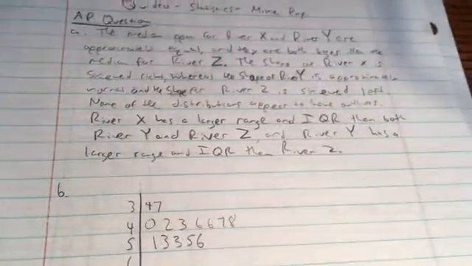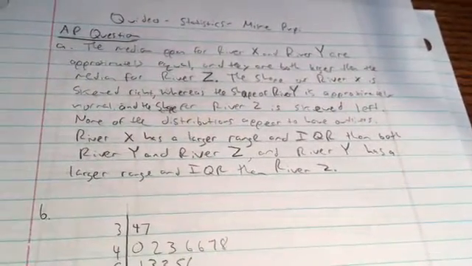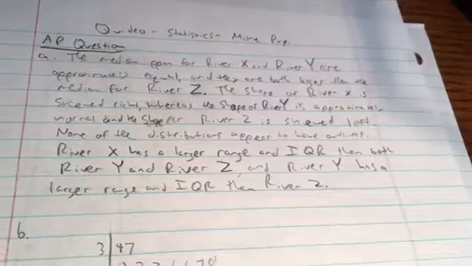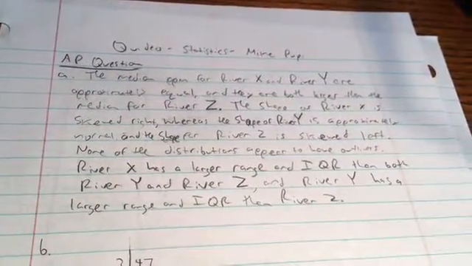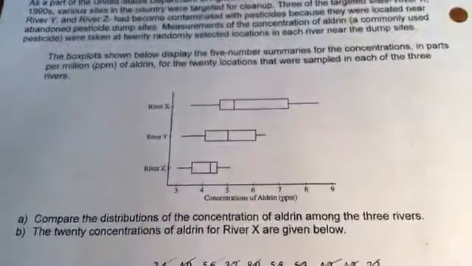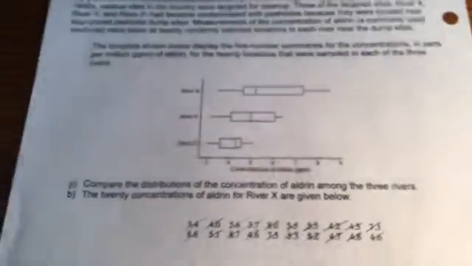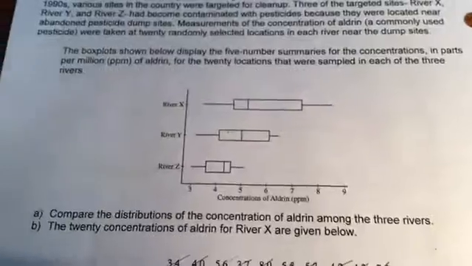And then finally, looking at the spreads, it looks like River X has a larger range and interquartile range than both the other ones, and that Y has a larger one than Z. So X appears to be the most spread out of the distributions given. So that's a fairly adequate comparison.